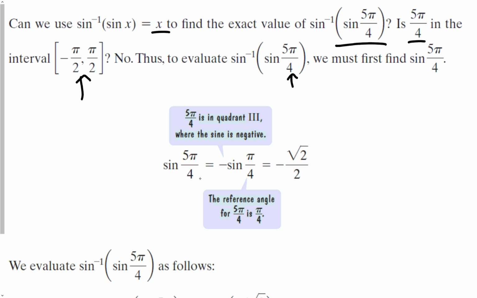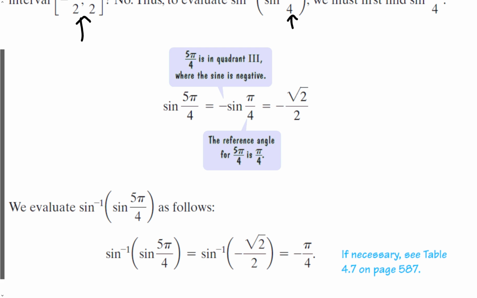So the sine of 5π/4 is, well, you can use the reference angle: the sine of 5π/4 is negative radical 2/2. The inverse sine of negative radical 2/2 is negative π/4.